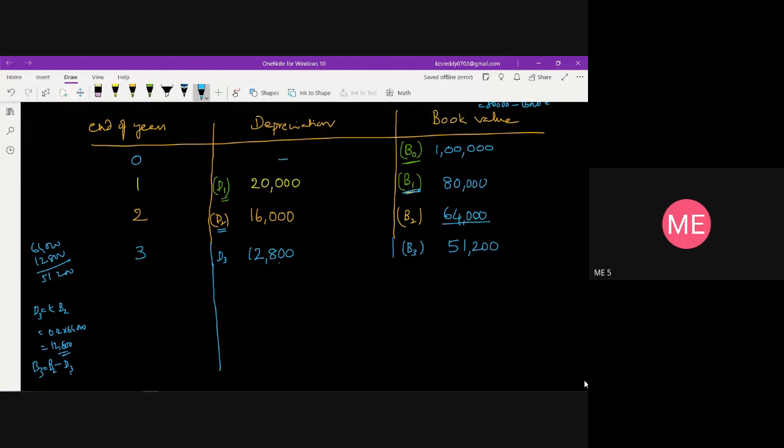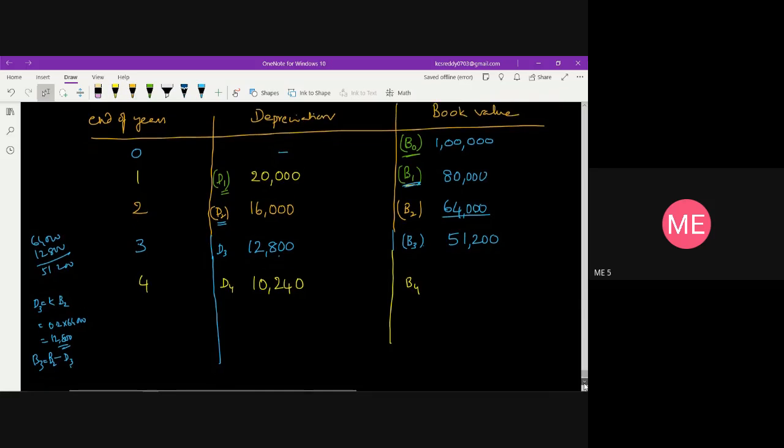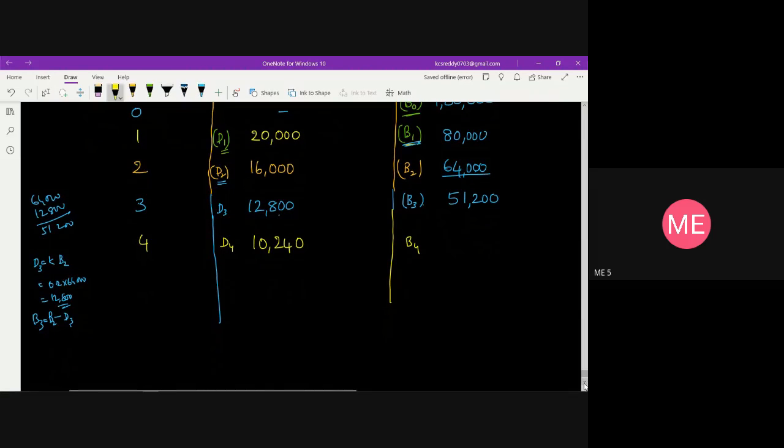Similarly for the fourth year, what is the D4 value? D4 is 0.2 into 51,200, so it becomes 10,240. Then we are going to calculate B4.